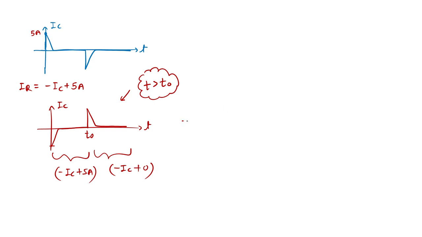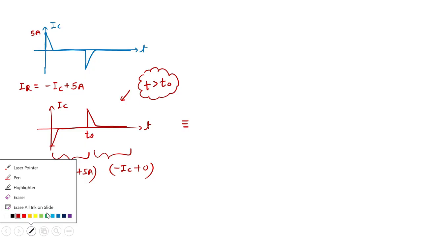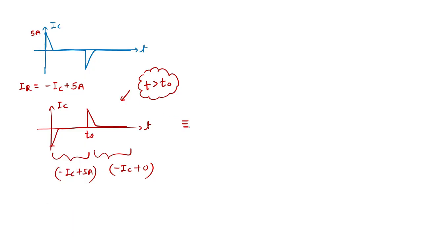So what I mean to say is, the plot of this minus IC till T naught will shift with the 5. You simply add the 5 and shift it up, so it will reach 5 ampere.